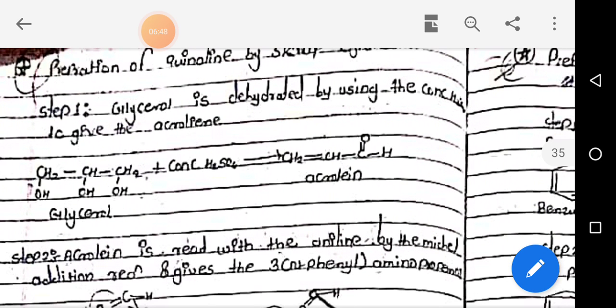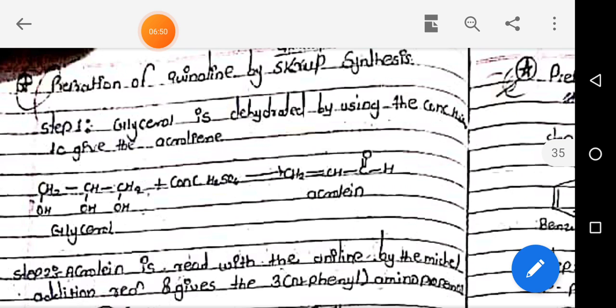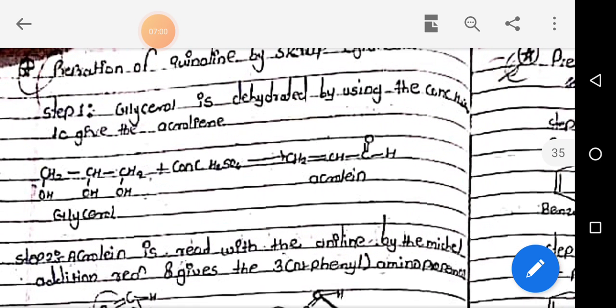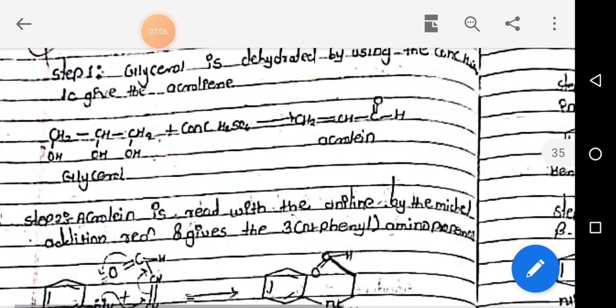Glycerol is dehydrated using concentrated H2SO4 to give acrolein. This is the first step, where glycerol reacts with concentrated H2SO4 and is converted into acrolein.